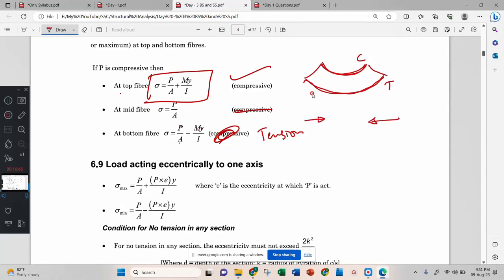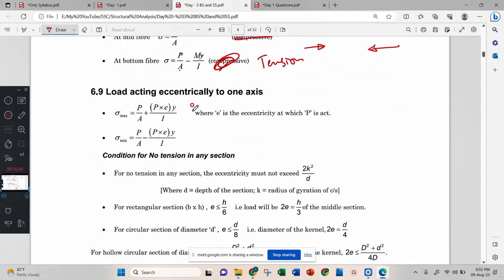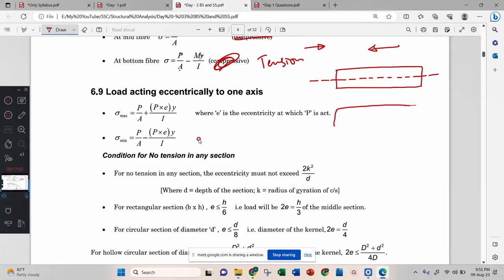Okay, next, load acting eccentrically to one axis. Now very interesting, look here. I will draw three diagrams. You have to tell me the result, what happens in that beam. Okay, concentrate.